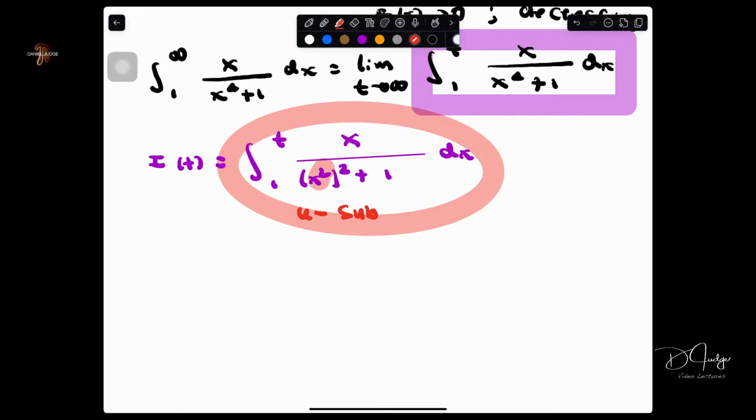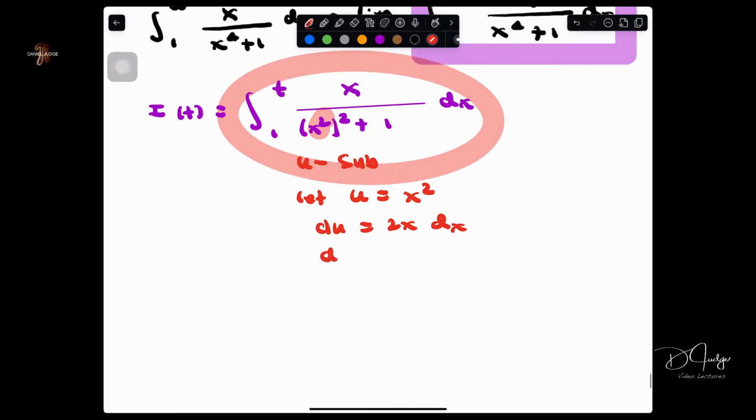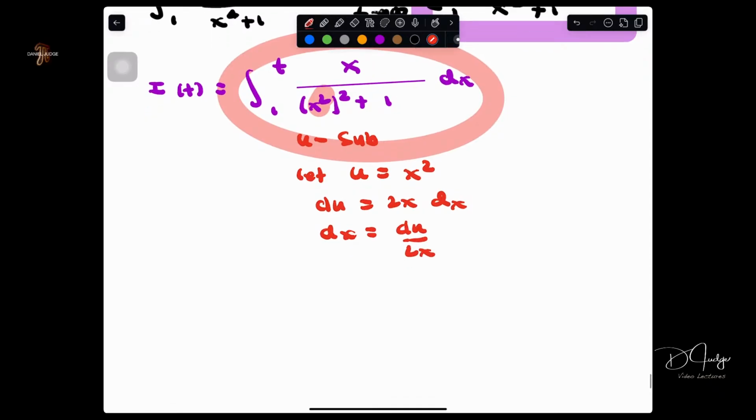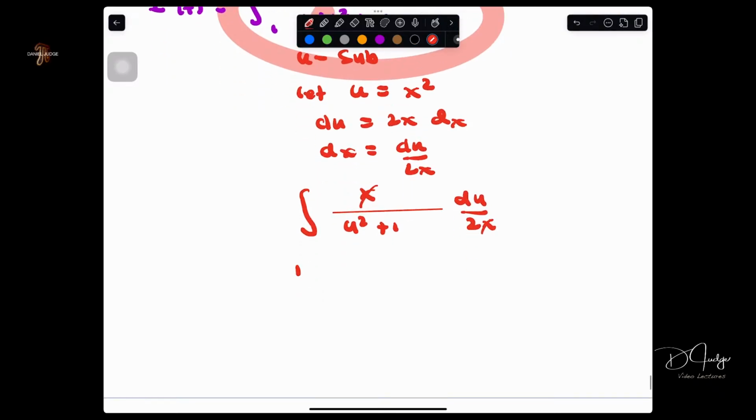Your u is going to be x squared, which will mean du is 2x dx, or dx is du over 2x. And then that integral of x over u squared plus 1 du over 2x, we're going to pull out the 1/2, and get 1 over u squared plus 1 du.